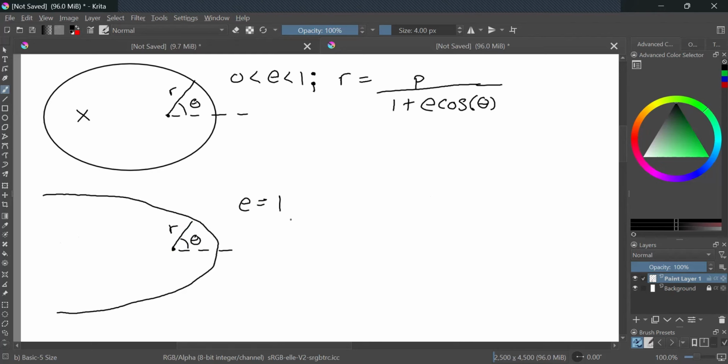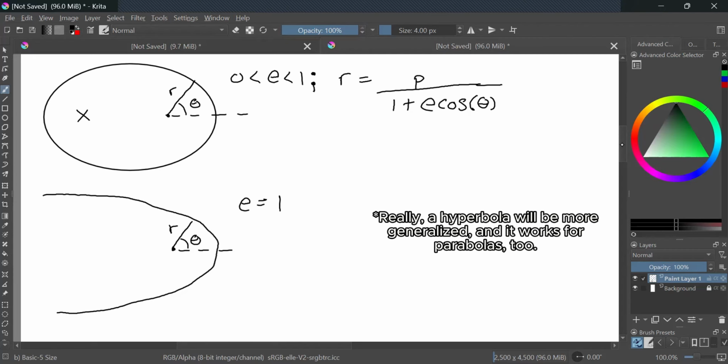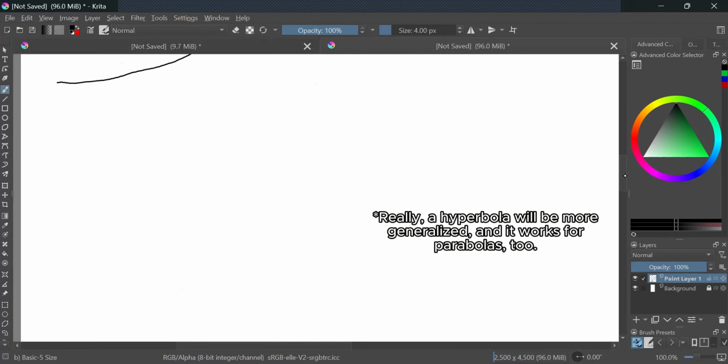Actually, I am not going to write in the orbit equation here because we're going to revisit that for hyperbolas. I always tend to think of parabolas as kind of the circles of the trajectories. A hyperbolic description will be just fine for a parabola.